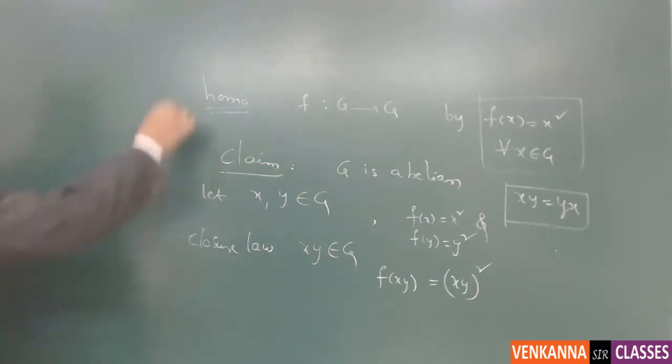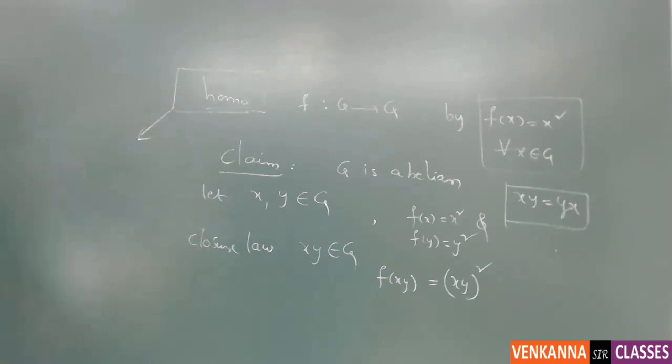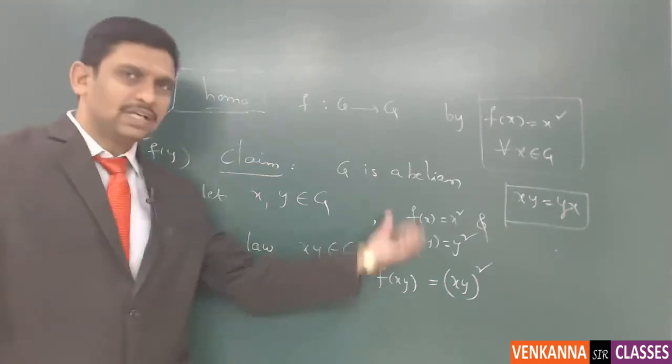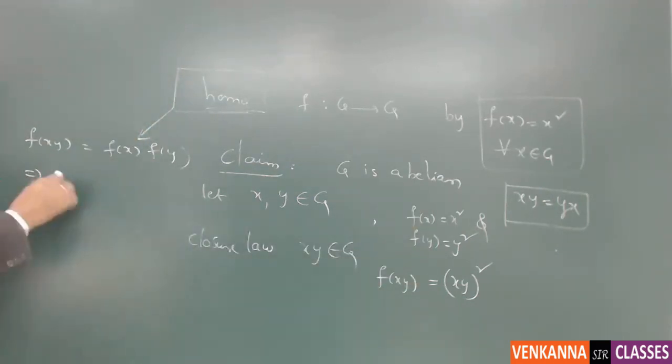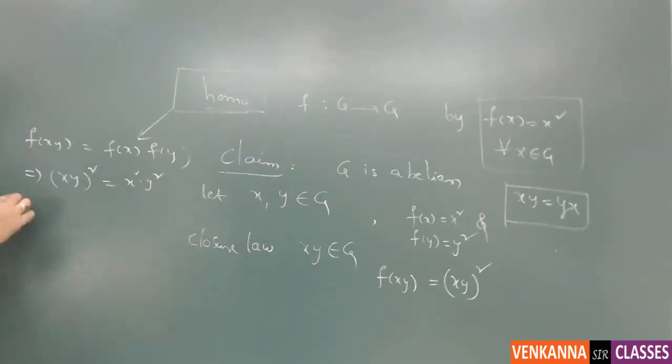Since f is a homomorphism, you can write that f of xy is equal to f of x into f of y. Substituting the respective values, xy whole square equals x square dot y square.